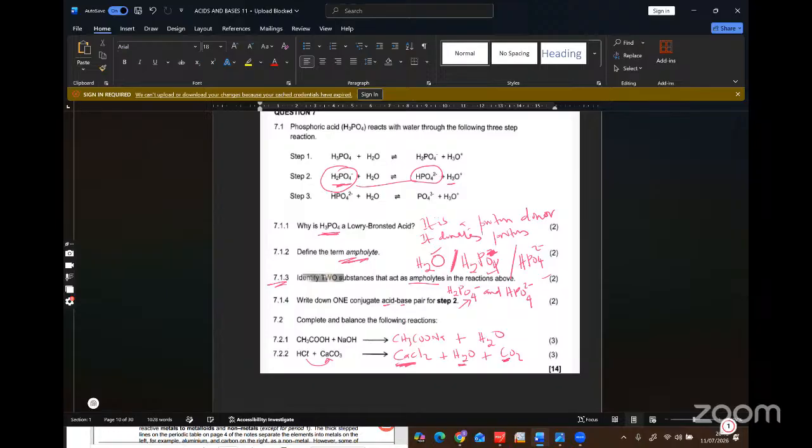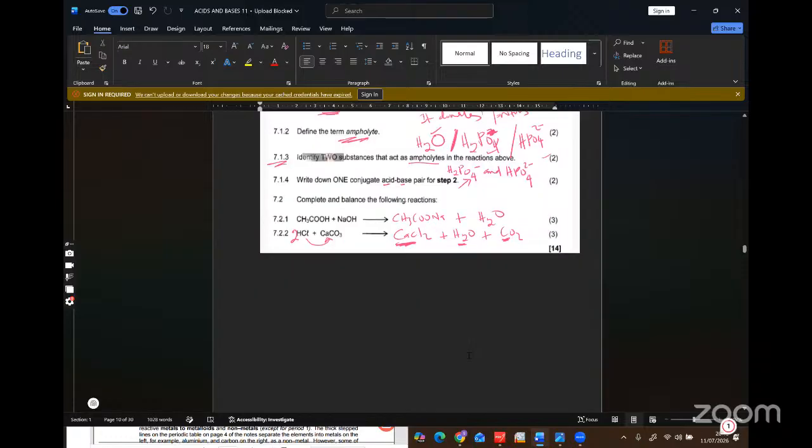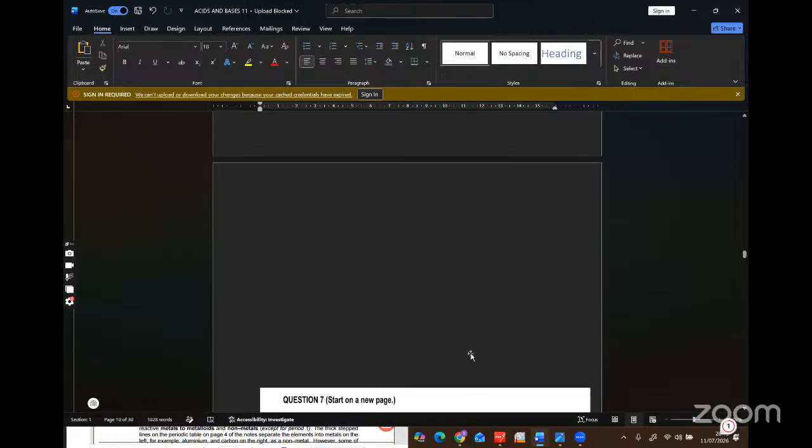Then we balance it. We put 2 here so that this one is balanced. So basically, that is how it should be done, and we are finished with it.